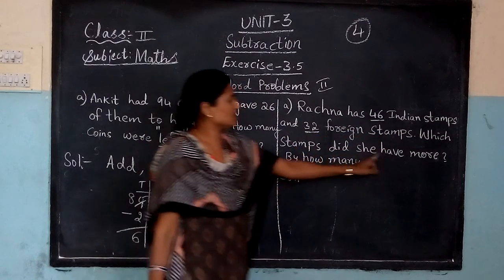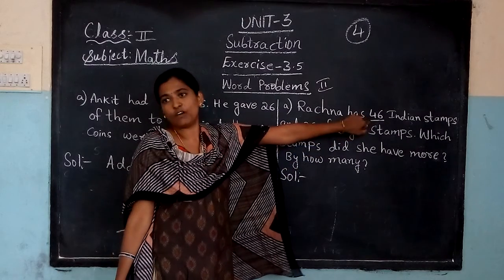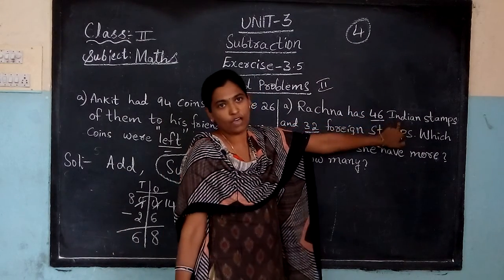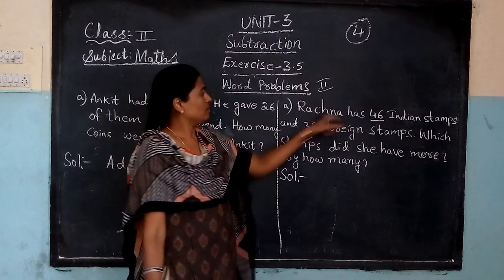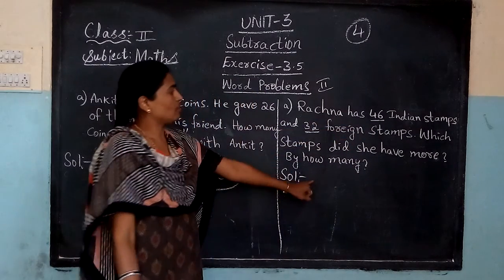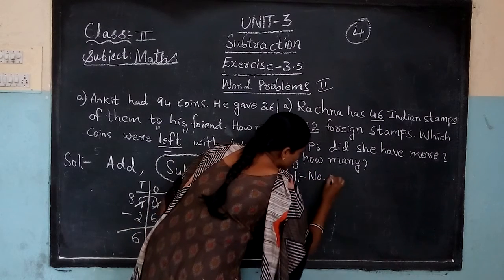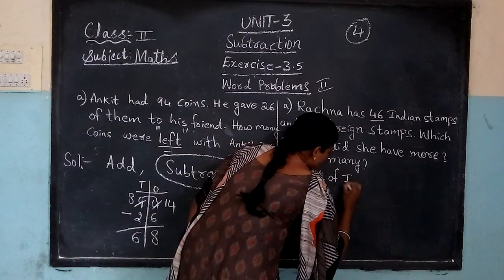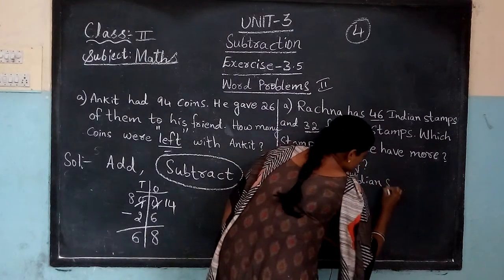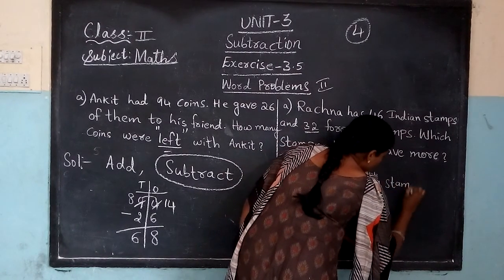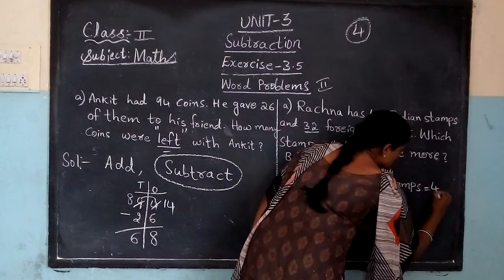Which stamps did she have more? Among these two numbers, 46 and 32, which stamps did she have more? Yes, Indian stamps she has more. And by how many? That I will explain now. Tell the solution. Yes, now tell the number of Indian stamps. Number of Indian stamps, how many? Is equal to 46.